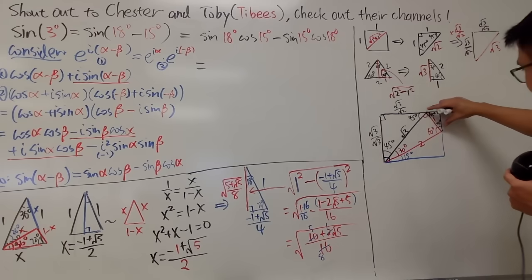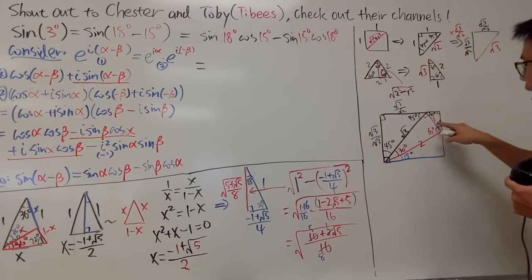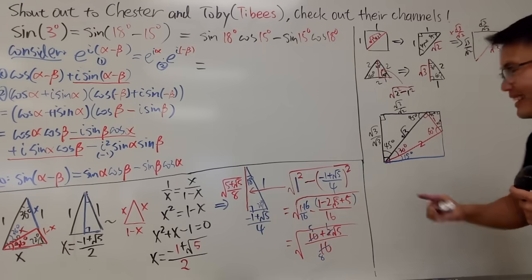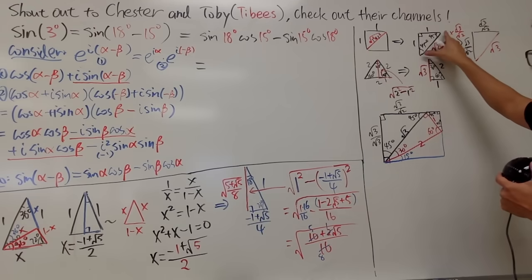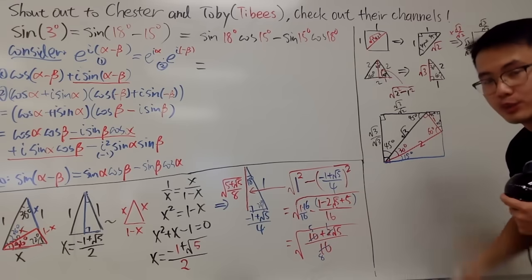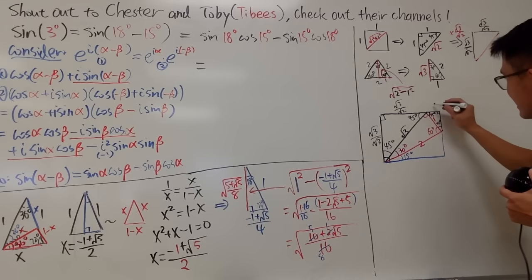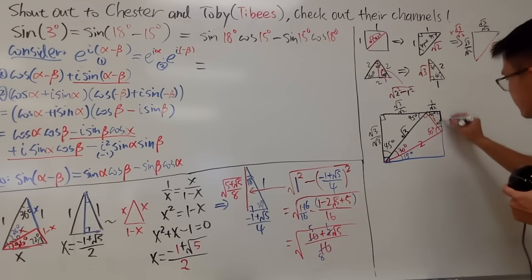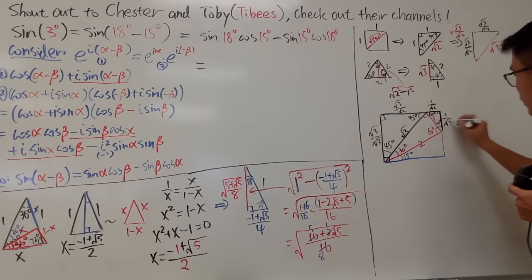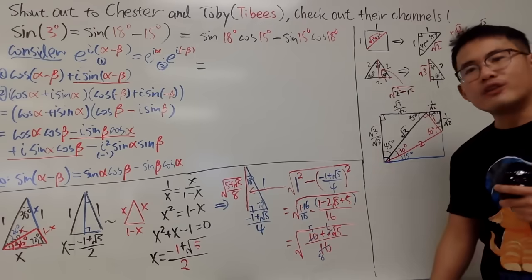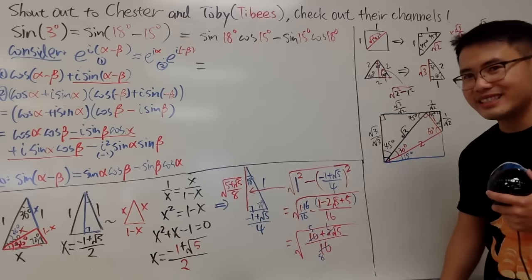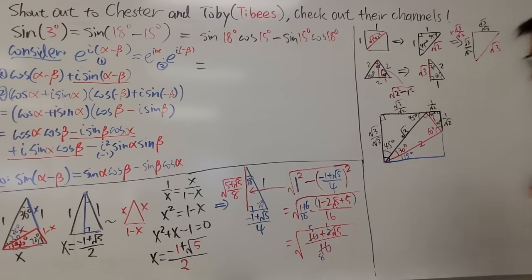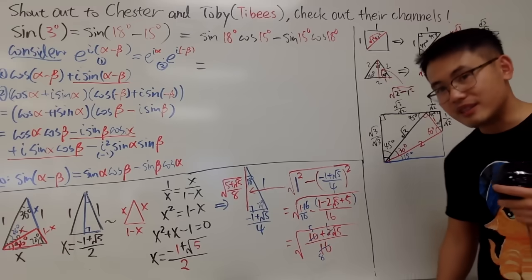Because in this little right triangle, the hypotenuse is equal to 1. Well, this time, what I will do is just divide everybody by square root of 2. So it says that this part is 1 over square root of 2. And this part is also 1 over square root of 2. That's so nice. Now, here is the deal.